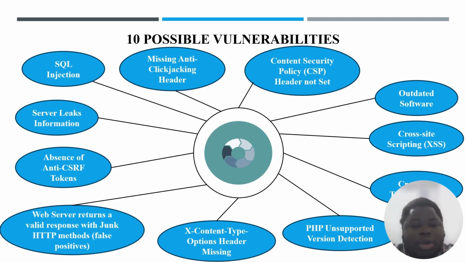Now, the various vulnerabilities that we're able to locate after scanning the Cube2 system include SQL injection, absence of anti-CSRF tokens, content security policy header not set, missing anti-clickjacking header, server leaks information, X-Content-Type-Options header missing, outdated software, web server returns a valid response with junk HTTP methods, false positives, PHP unsupported version detection, cross-site tracing, and also cross-site scripting.